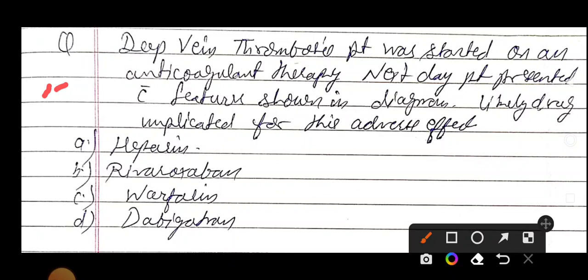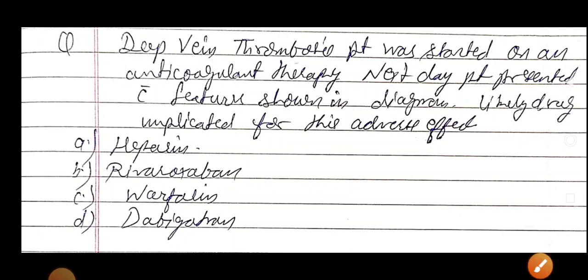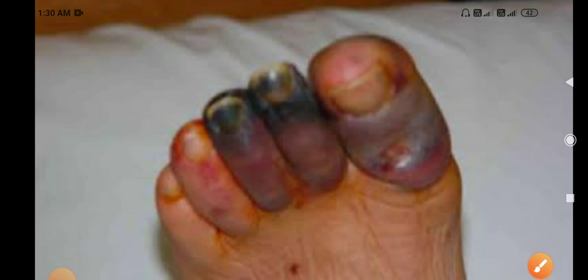Let's begin. A deep vein thrombosis patient was started on anticoagulant therapy. Next day, the patient presented with features shown in the diagram. Likely drug implicated for this adverse effect? The diagram indicates skin necrosis.